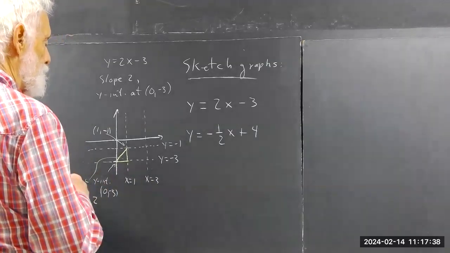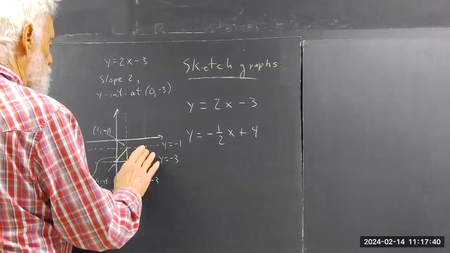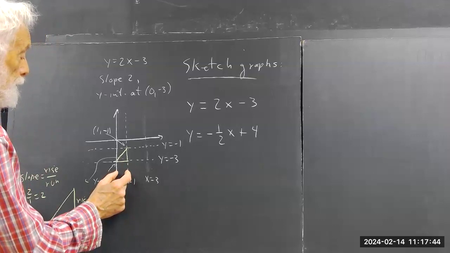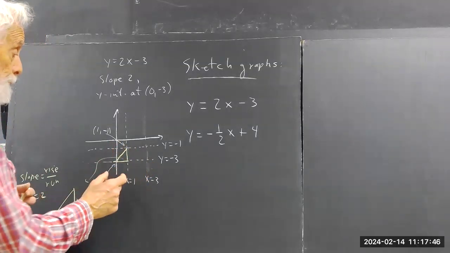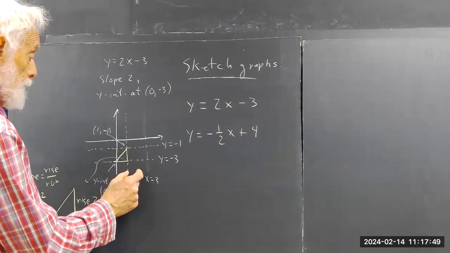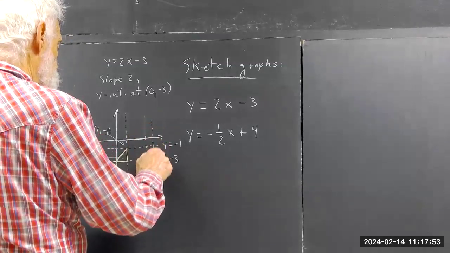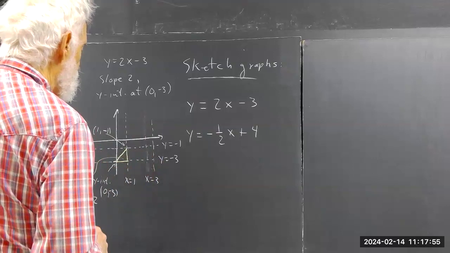Let me see if I can locate that a little better. You understand what I'm doing? This is 1. Here's another one. Here's another one. So I'm saying x equals 3 should be about here. Okay.